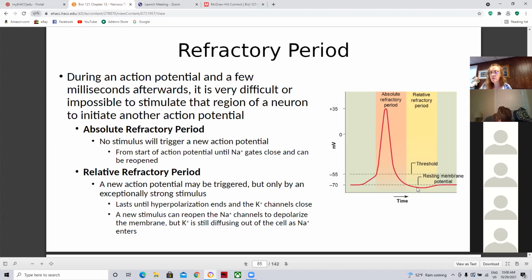So this relative refractory period is going to exist until the membrane is back to its resting membrane potential. So a new stimulus can open the sodium channels if we can reach threshold.